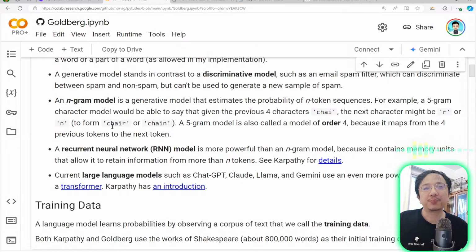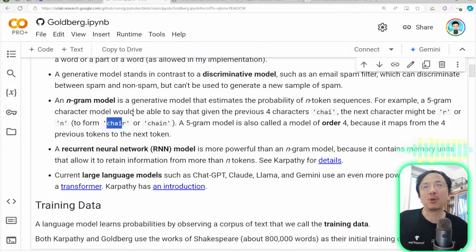Given the previous things, we estimate the next one. But the n-gram model is a limited autoregression model because we only consider a fixed, finite length of previous history instead of considering all the previous history. So it is a simplified model.